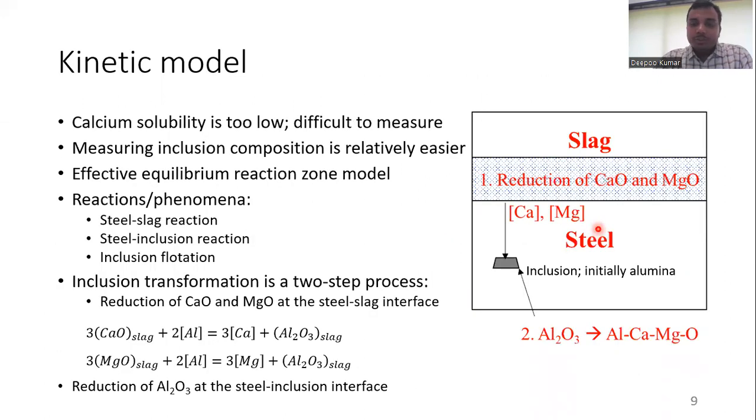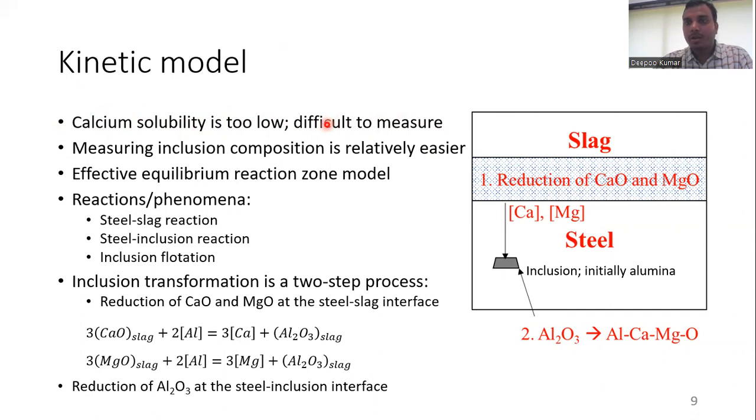Okay, so now I would move to the kinetic model, where one of the issues regarding calcium solubility is due to measurement. Calcium solubility is too low, as expected from the inclusion analysis, which makes it very difficult to measure.